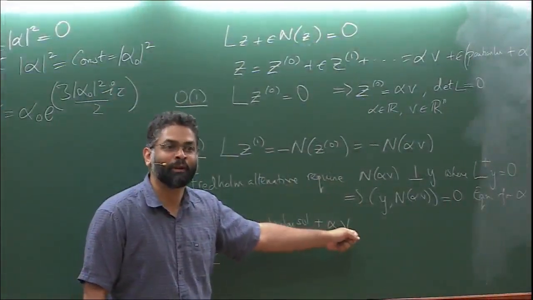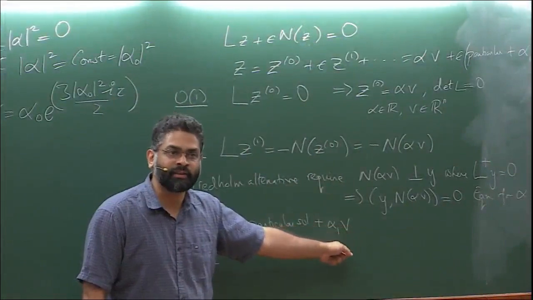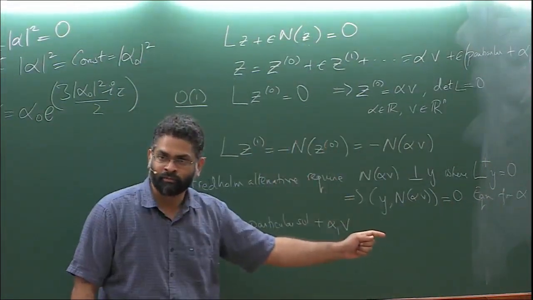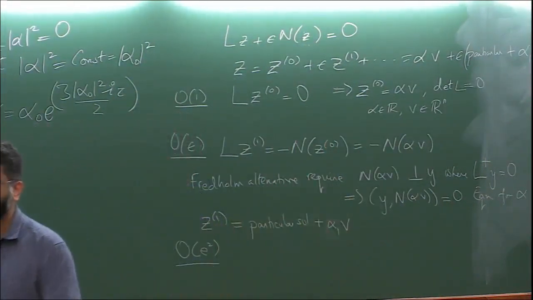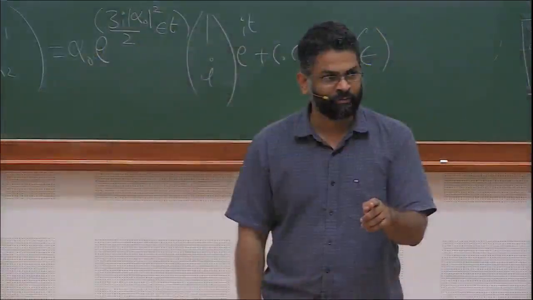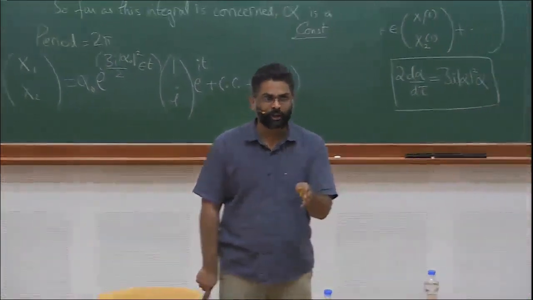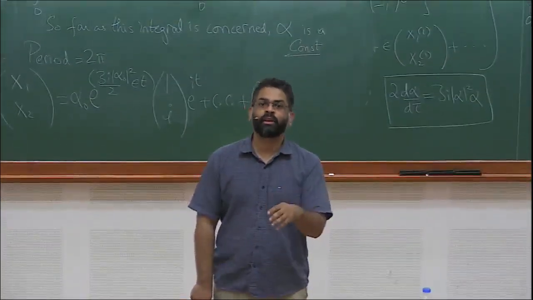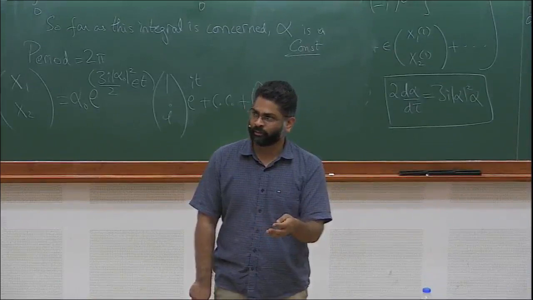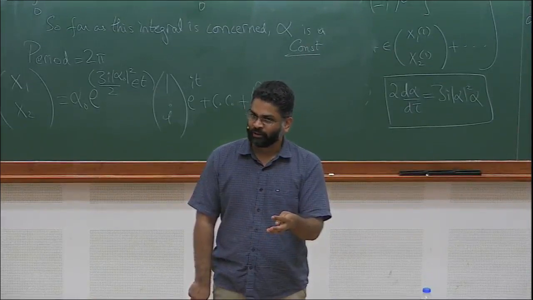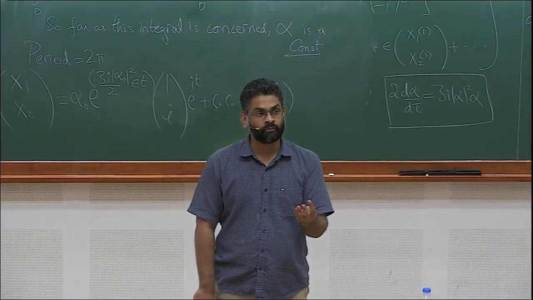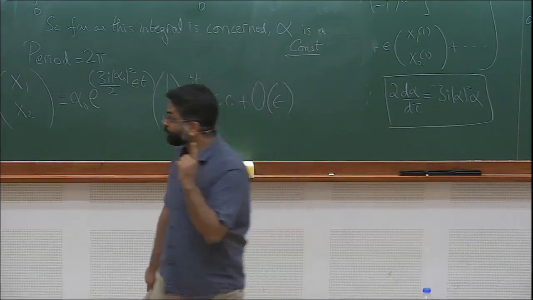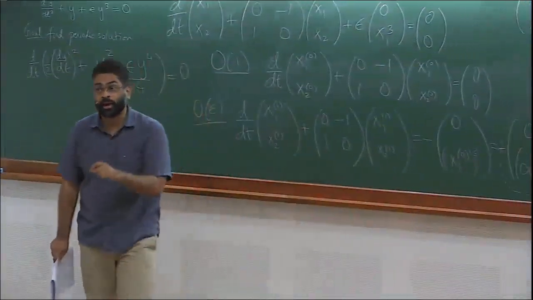And that homogeneous solution will have an arbitrary parameter, which will only get decided when you go to the next order. But make sure that that arbitrary parameter is a function of time, because you won't want an algebraic equation for the arbitrary parameter. You will want a differential equation for the arbitrary parameter. Which function of time? Not epsilon t, because if it was epsilon t, this equation wouldn't remain the same. So it has to be epsilon squared t.